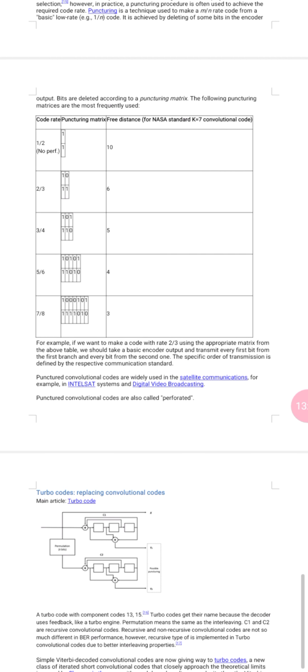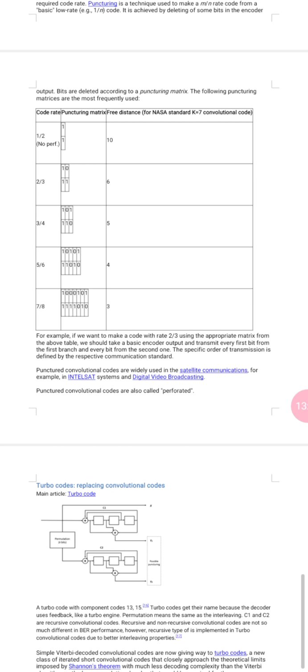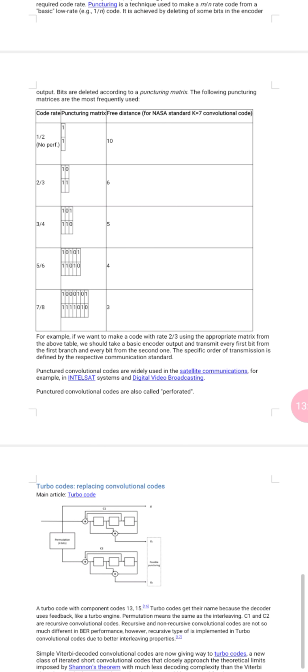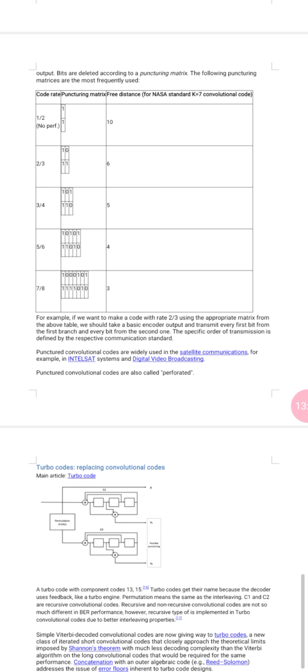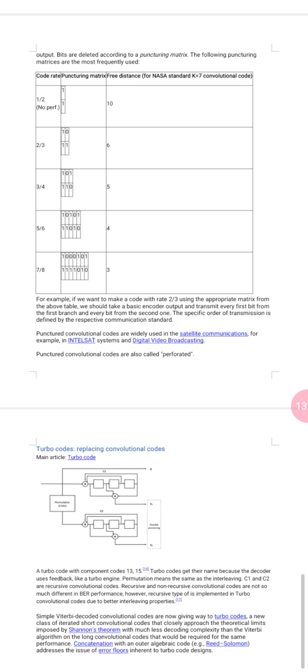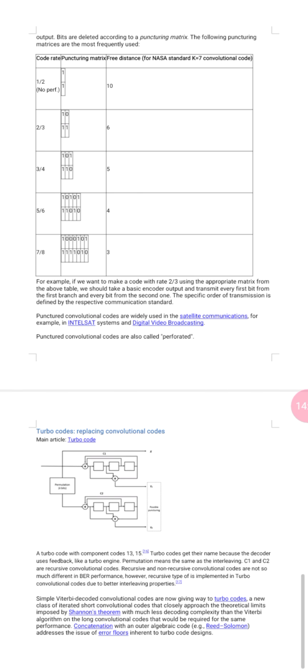Okay, for 3 by 4 the matrix is 1 0 1 and 1 1 0, and the free distance for the NASA standard k equal to 7 convolutional code is 5. And for 5 by 6 code rate, the puncturing matrix is 1 0 1 0 1 and second row 1 1 0 1 0.